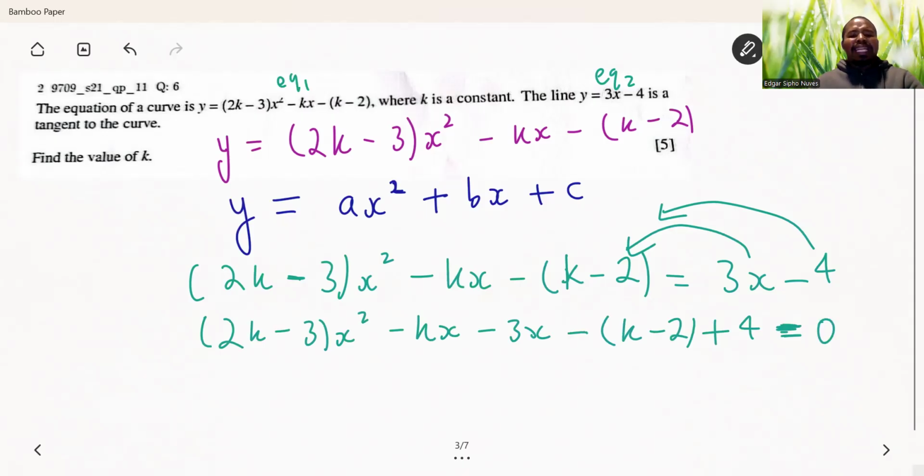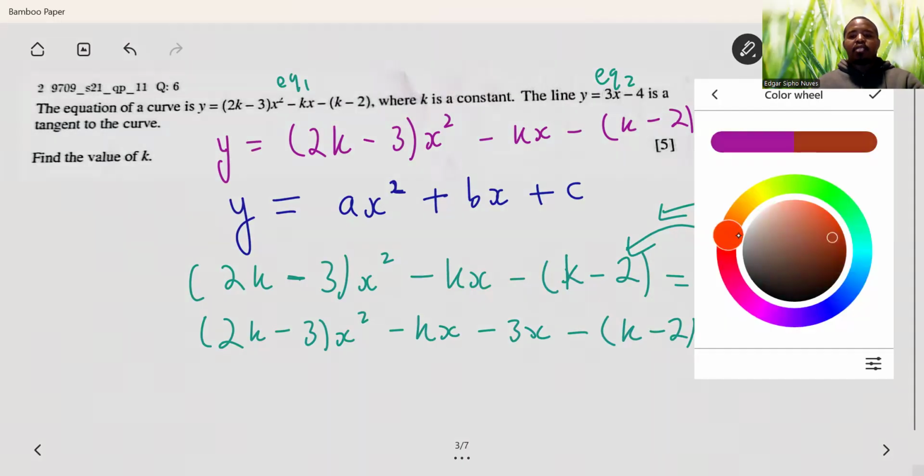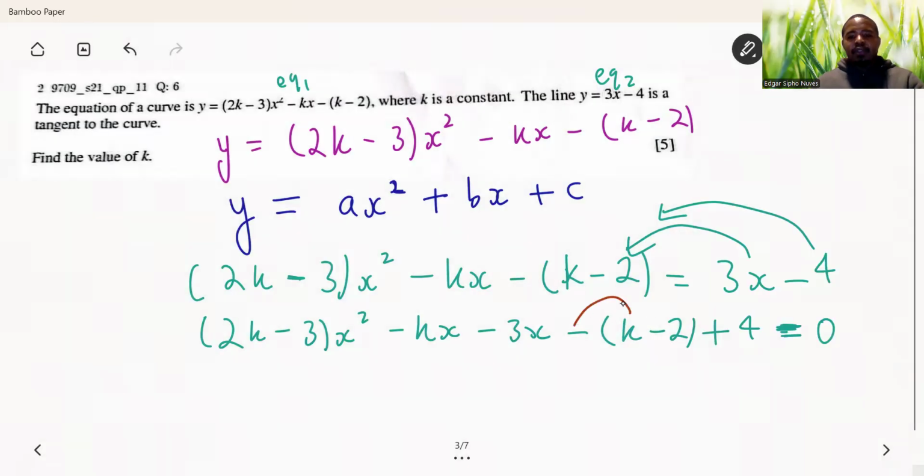Now I'm just going to neaten this up a little bit. So to put it in a standard quadratic form again, I will need to actually distribute the negative into the k and to the minus 2 and then combine. So the squared term is (2k minus 3)x squared. And then I'm going to put these together. I'm going to say plus, and then these I'm going to almost like factorize.